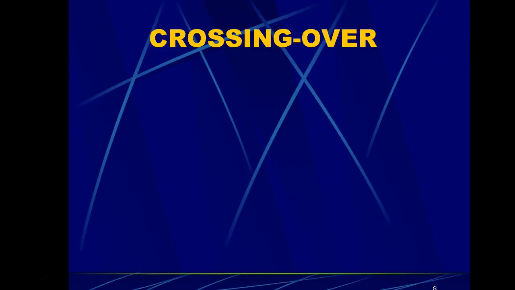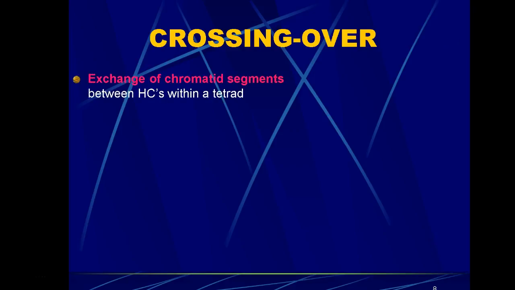Then it says that crossing over occurs. Crossing over is the exchange of chromatid segments. And when they exchange these chromatid segments, they change in terms of their alleles. Okay?